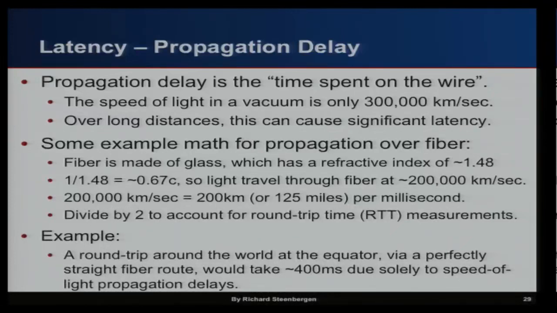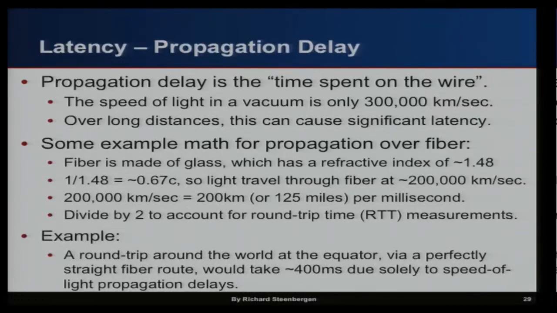The light hits it, bounces back off the cladding, stays in the core, and it just propagates along. And it's propagating through glass with a refractive index for fiber of around 1.48. So that means it's traveling at about 0.67 C, about 0.67 the speed of light. So roughly 200,000 kilometers per second is how fast it moves across the wire in fiber.